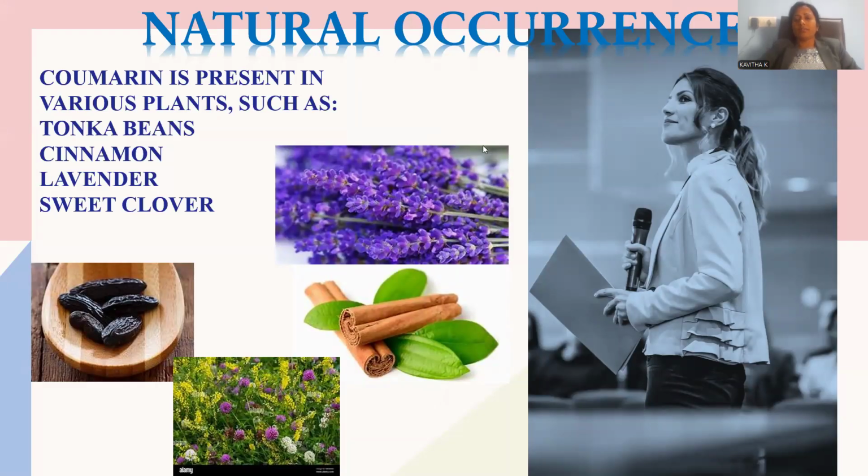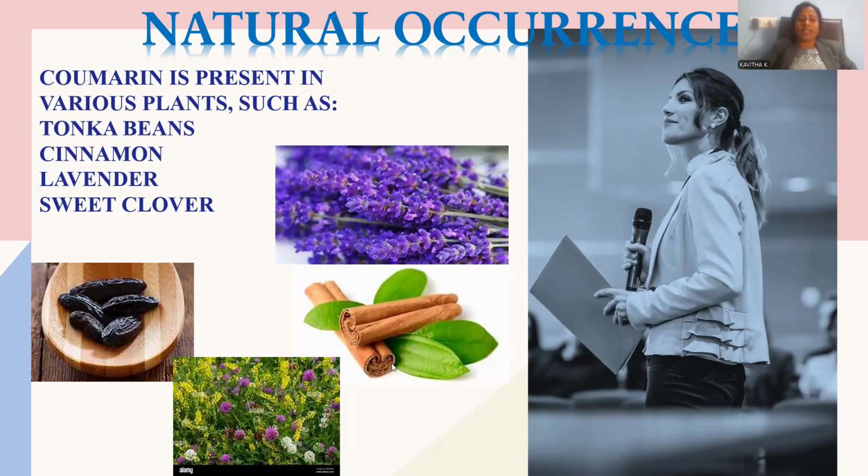Then, being a natural product, what could be the richest, economic sources of this coumarin, let me explain. Natural occurrence is taken for this explanatory session. Coumarin is present in various plants such as tonka beans, from which Vogel, the scientist, first extracted it in the 18th century.